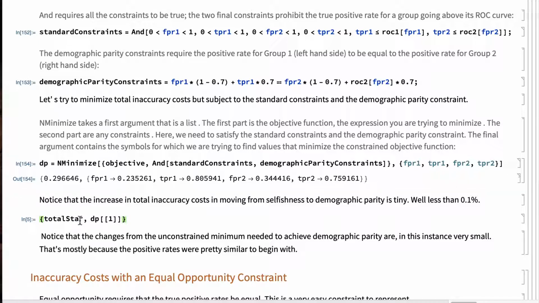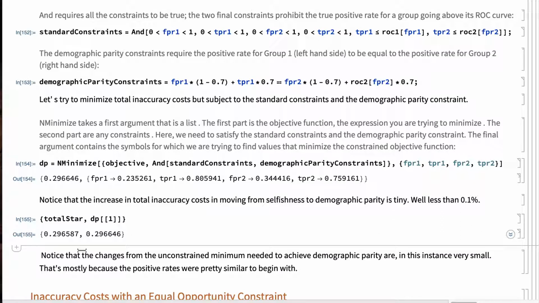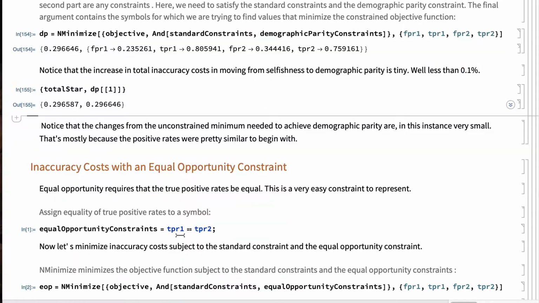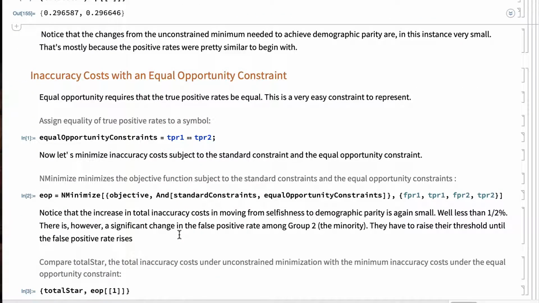We almost get it for free. Partly this is because the positive rates were similar to begin with. So here's an instance where one notion of equality in this scenario does not have a side effect of increasing inaccuracy costs.